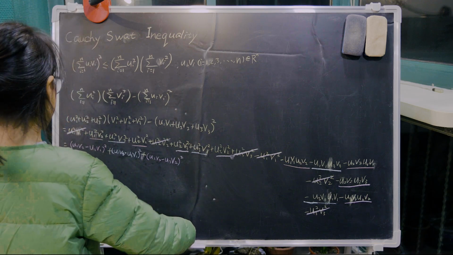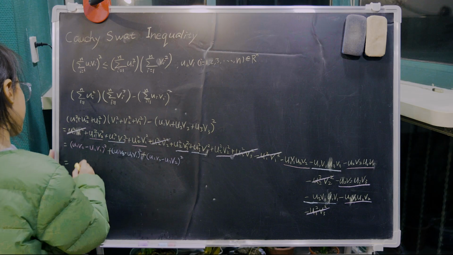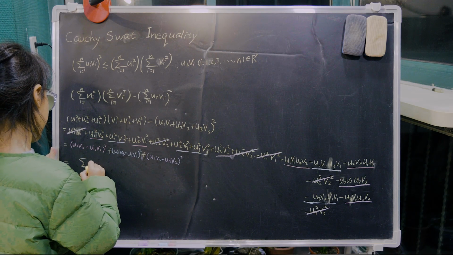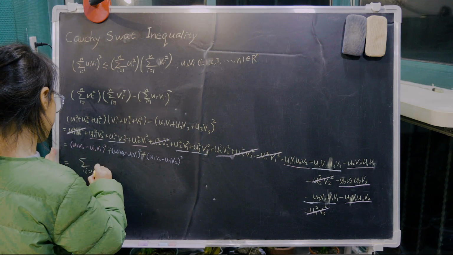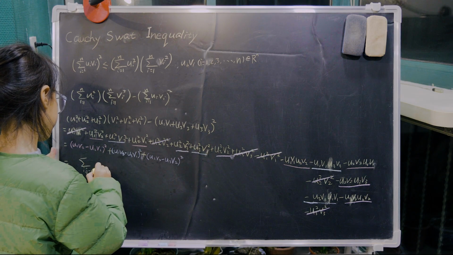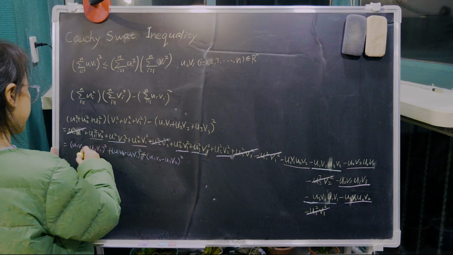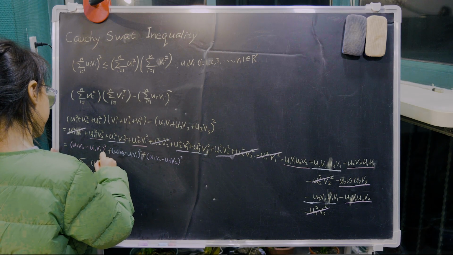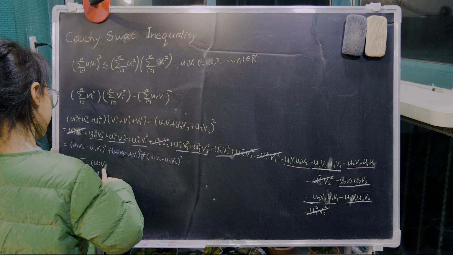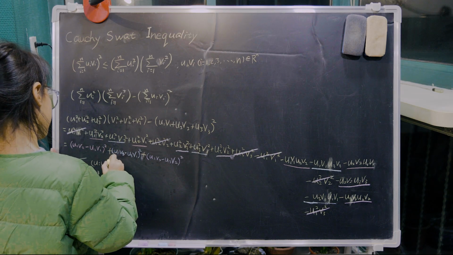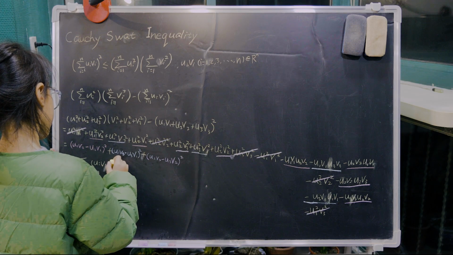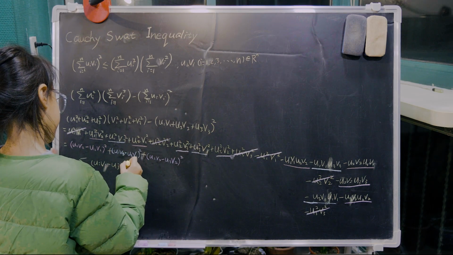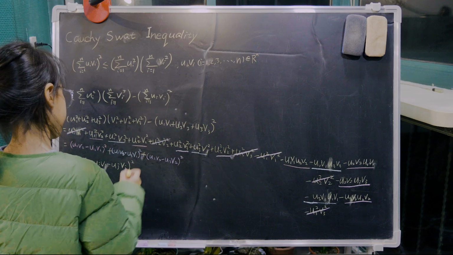First let's see, if we just use it to explain, like sigma i and j equal to 1, 2, 3, and then u_i v_j minus u_j v_i bracket squared.